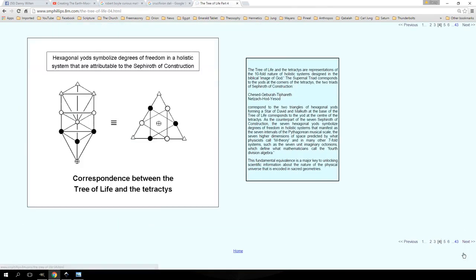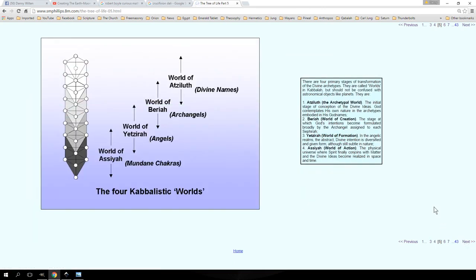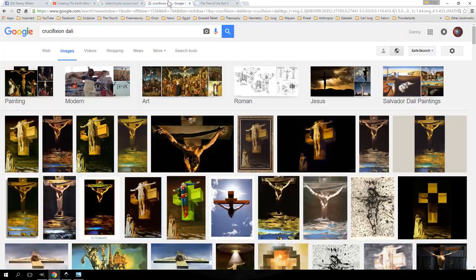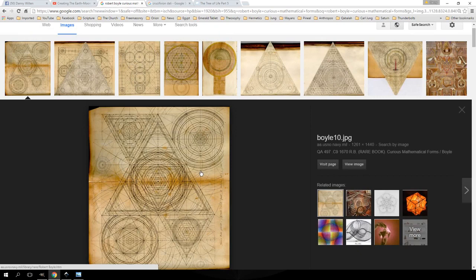And we see that this stuff is embedded in the Tree of Life. And we know that the Christ on the cross is another image of the Tree of Life. And then we have these four worlds, and the four worlds keep coming up in the alchemy drawings and stuff like that. Okay, so this is very esoteric stuff, but this particular geometry that we see right here, unless you know what you're looking at, it just looks like pretty designs, but there's something to it.